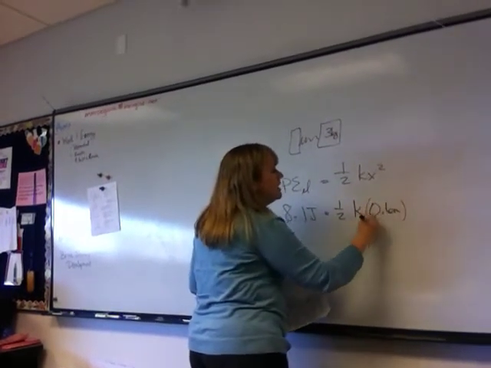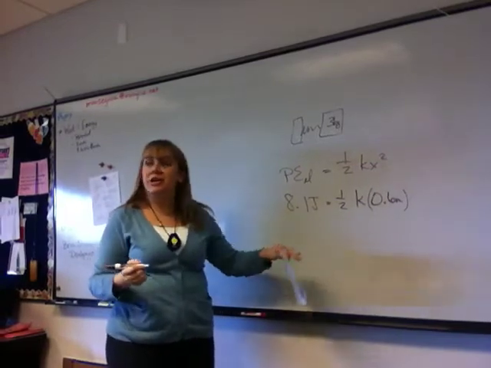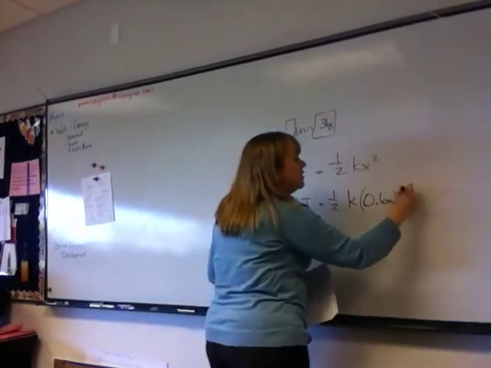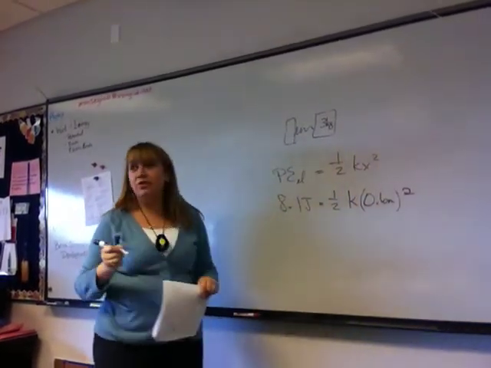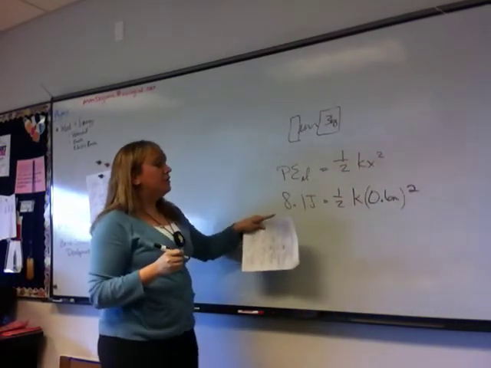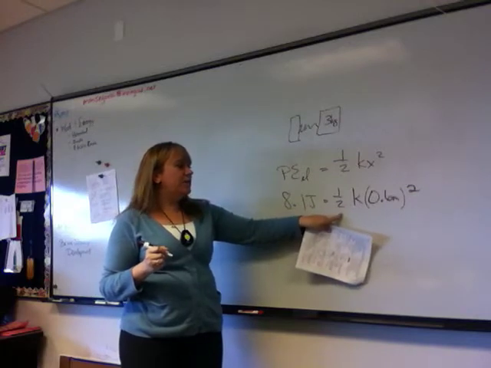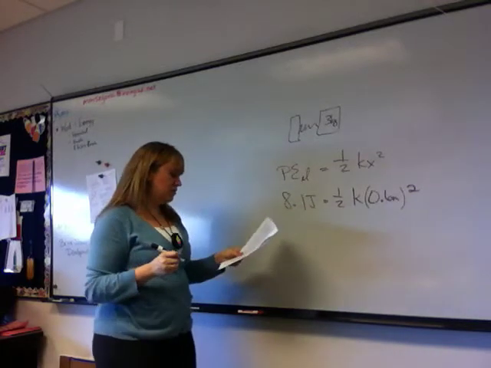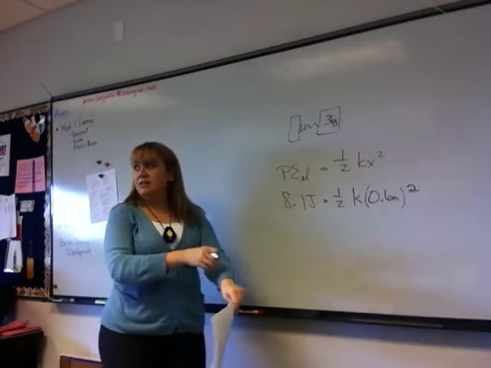0.6 meters. Now, here's the thing a lot of people forget. We get so hung up putting everything in. It's 0.6 squared. Don't forget that. I forget it all the time. All right, so go ahead, work this one out. What do you get?